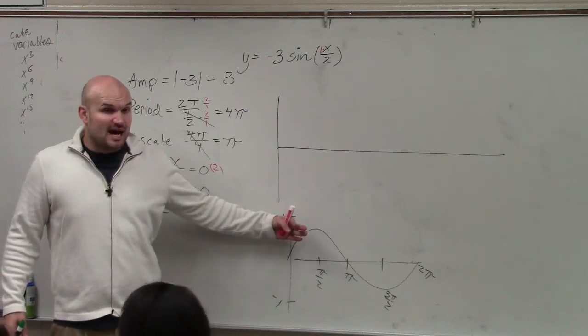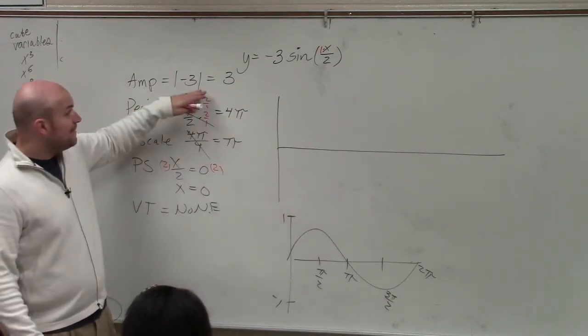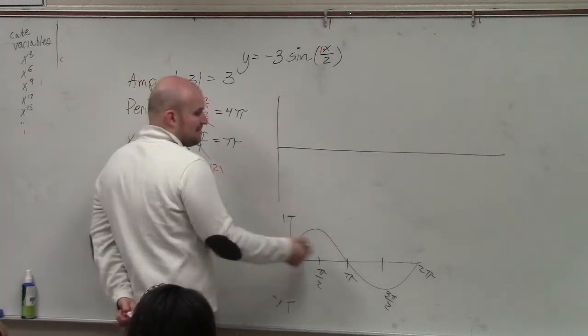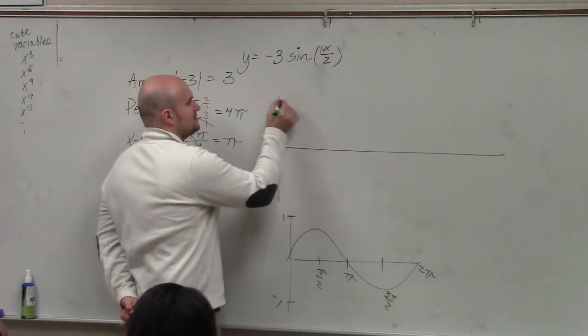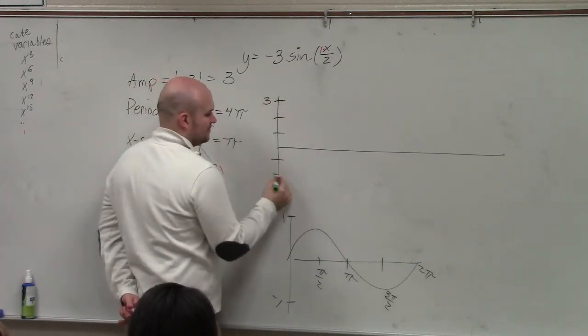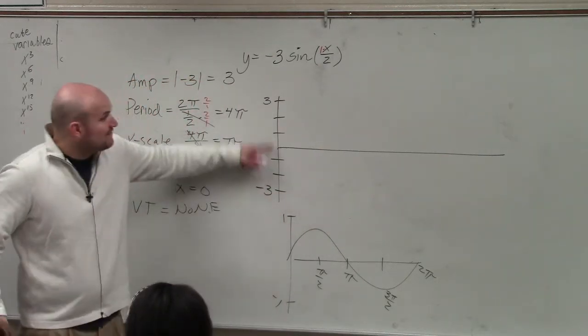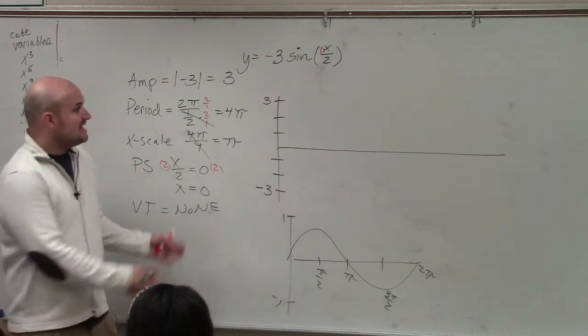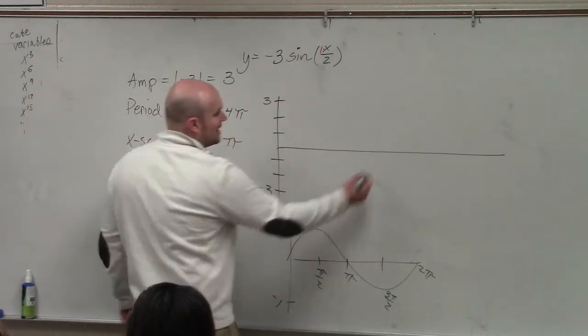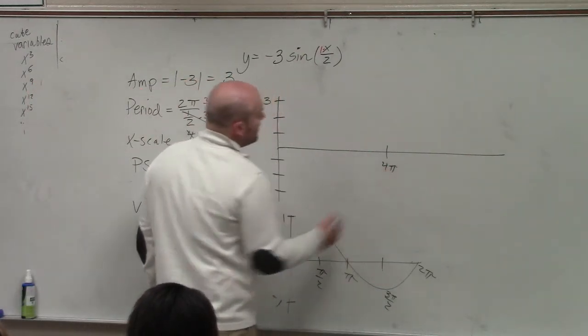The difference is now we have a different amplitude, right? The amplitude is now 3. I'm not trying to compare this graph to this, so I'm just going to use totally different scaling. Now, instead of the graph going up to 1 and down to -1, the graph goes up to 3, down to -3. Instead of the graph completing one cycle in 2 pi, it completes the cycle in 4 pi.